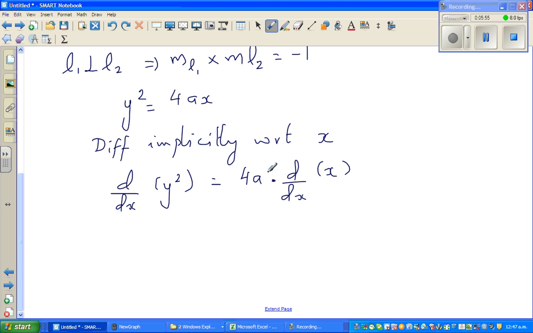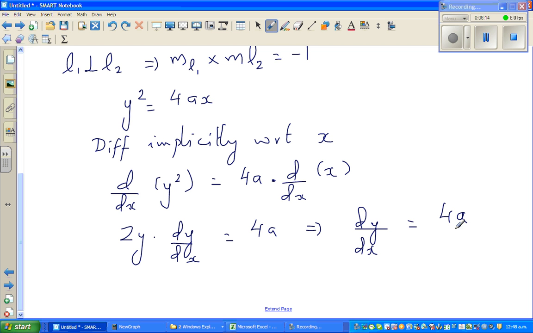It is only a coefficient. So this is 2y times dy by dx is equal to 4a, which implies dy by dx, the gradient of the function, is 4a over 2y.